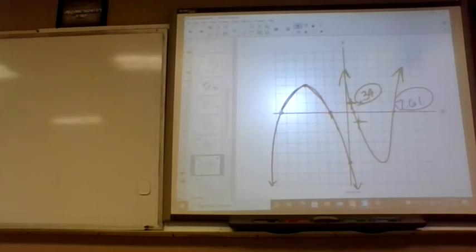X squared plus 3x plus 7. Then you gotta do the same thing. Okay. Then after that, graph. And then whatever I do, it just says error. Okay. So then I'll write it down.